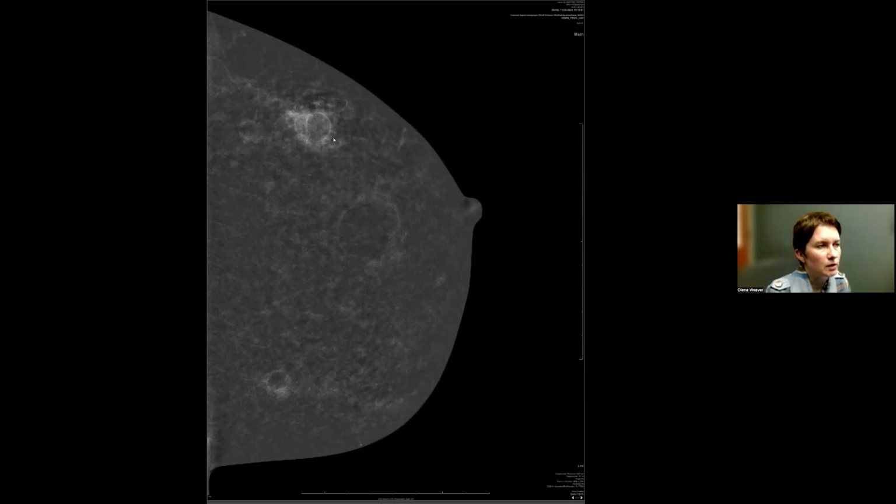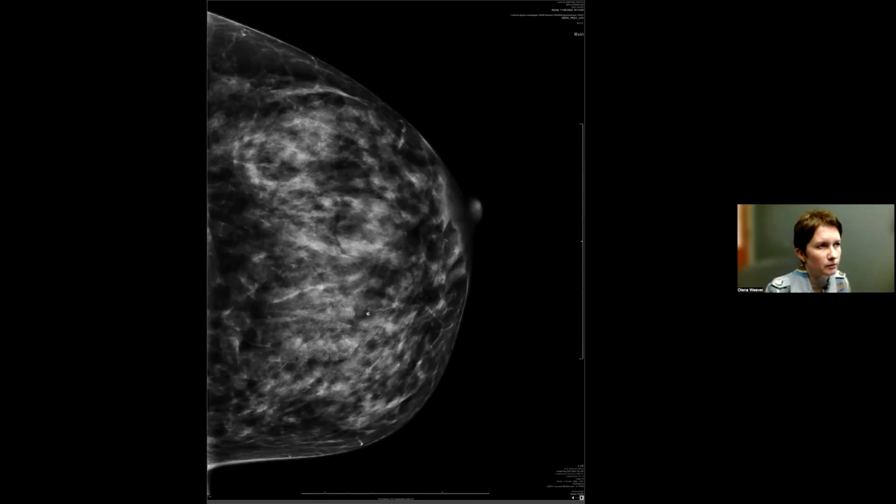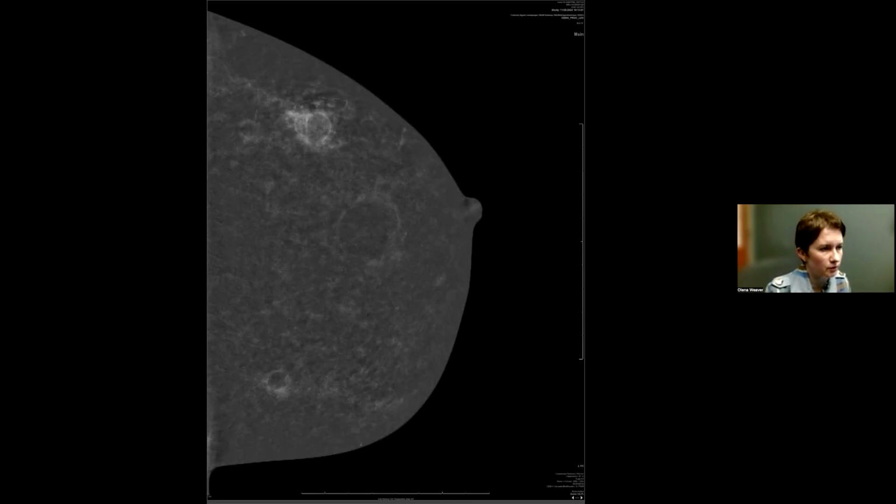However, since this woman was coming to us for many years, we had the benefit of comparing to the prior studies, and we saw that there were larger cysts before. So this is actually a decrease in size from her prior appearance. We were pretty comfortable in this case that this was a fibrocystic change with probably some inflammatory change around it.